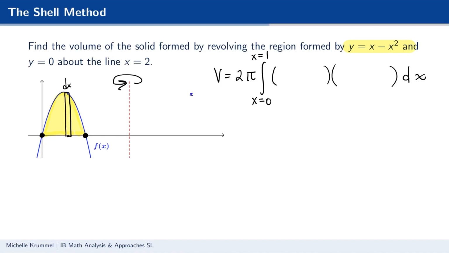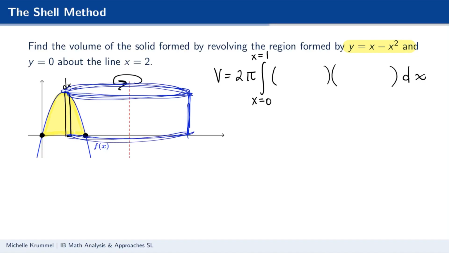This is going to be a nice wide cylinder coming around like that, like so. Okay, so the radius of the cylinder is the distance from the rectangle to the axis of rotation. That's the radius of this cylinder.